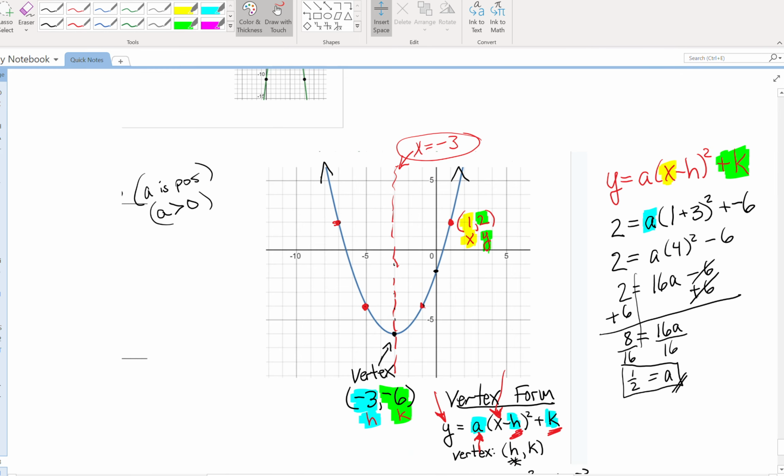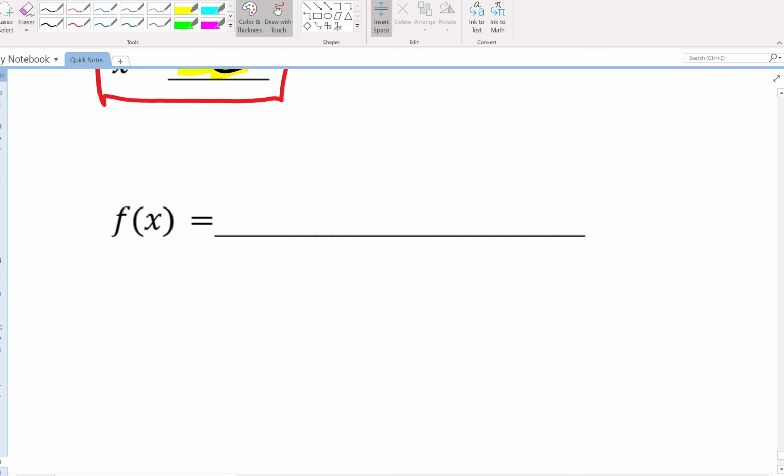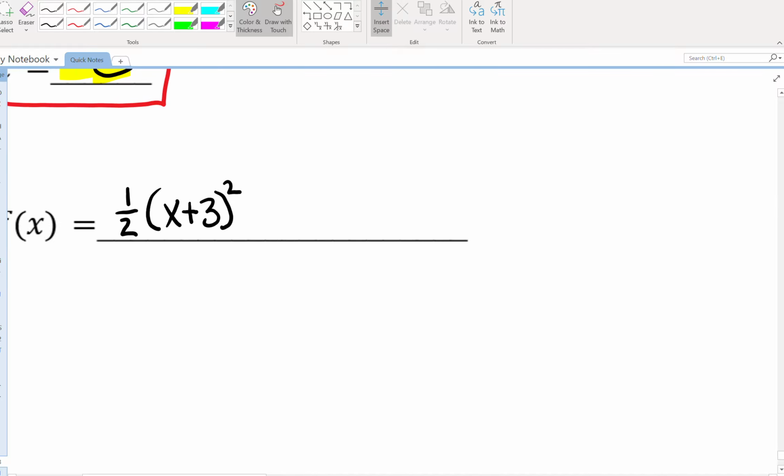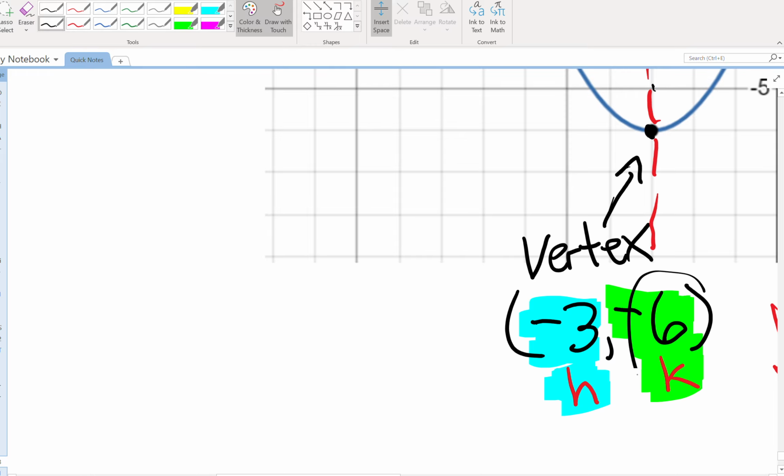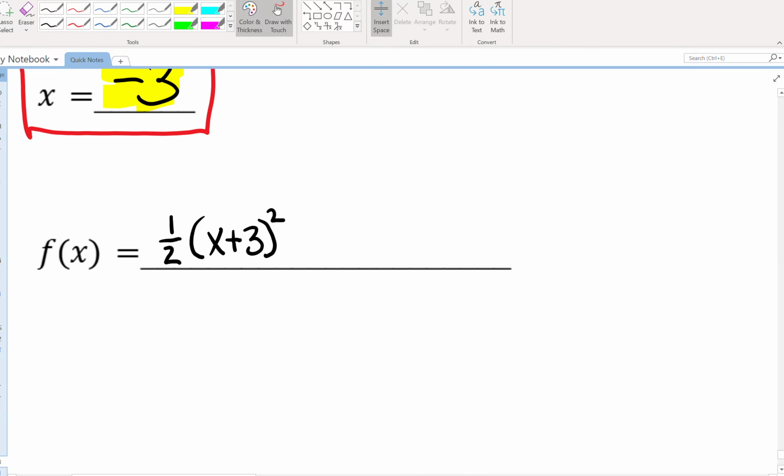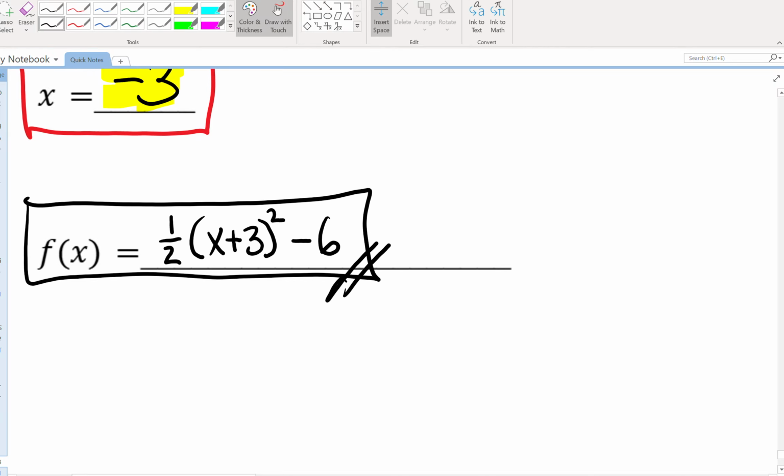So now we can write the equation. Remember that f of x is the same as y. So f of x is equal to a, which we just found is 1/2, times (x minus h), but since h is -3, that's x plus 3, squared, plus k, but since k is -6, here I'm going to put -6. And that's what this equation looks like in vertex form.